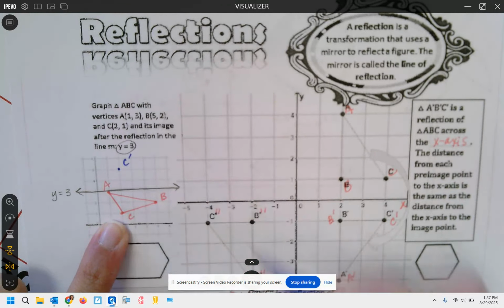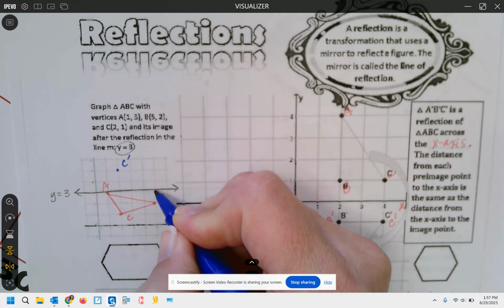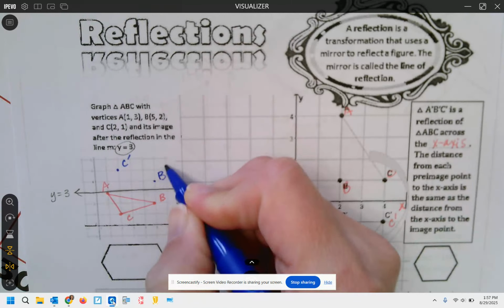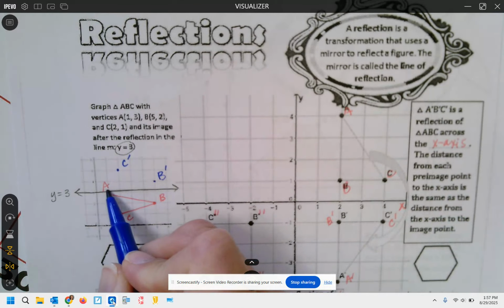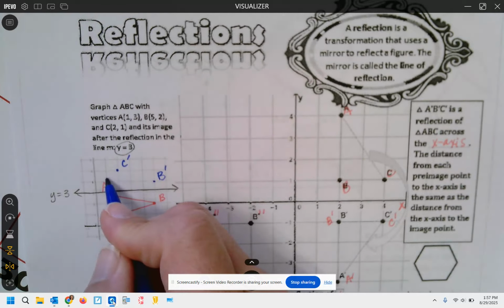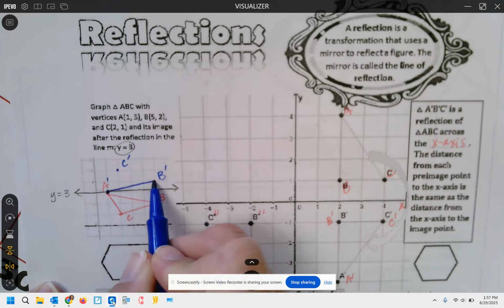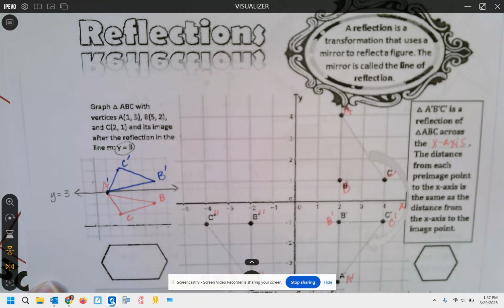So C prime would be in the other direction, 2 units away. B is 1 unit away, so here would be B prime. And then in the case of A, it's already on the line of reflection. So A prime will be on the line as well. It's its own reflection, basically. So here would be the image.